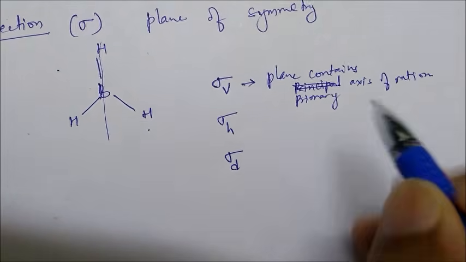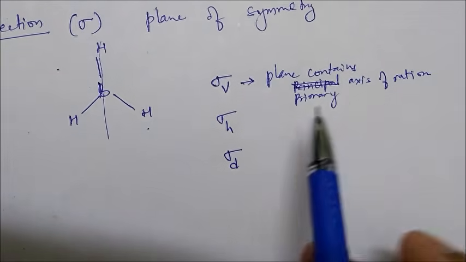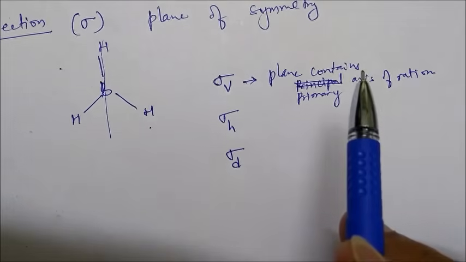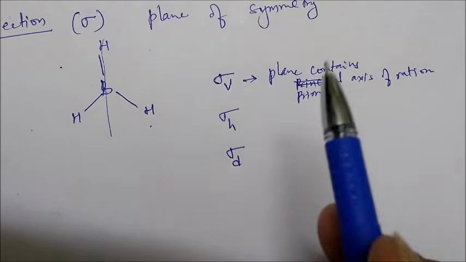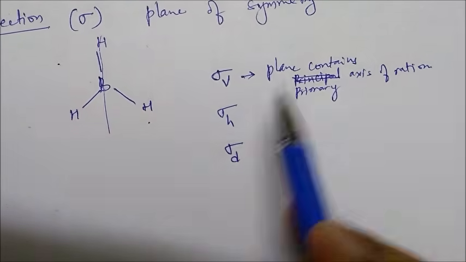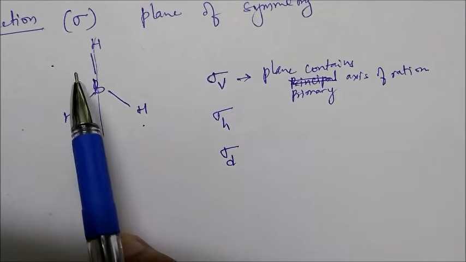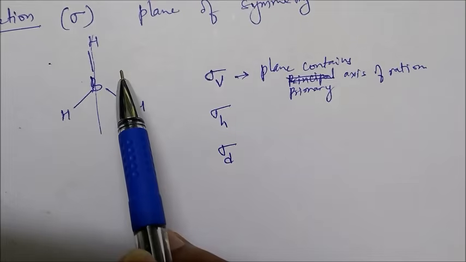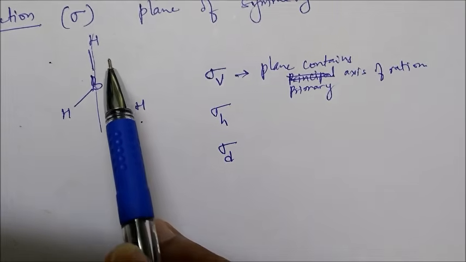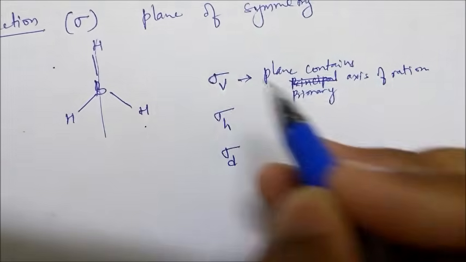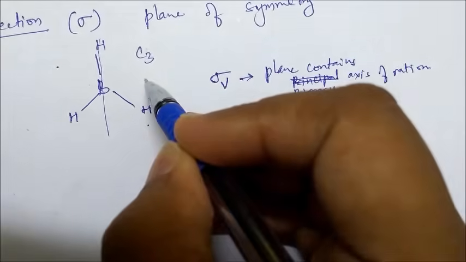One will be called the primary axis of rotation and the other the secondary axis of rotation. The one with the higher order, more fold, will be called the primary axis of rotation. For the BH3 molecule we had two axes, a C3 axis and a C2 axis.